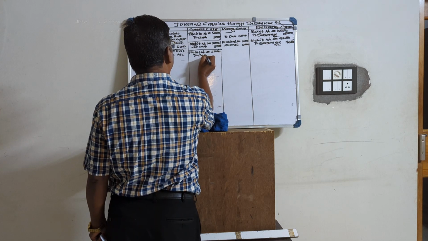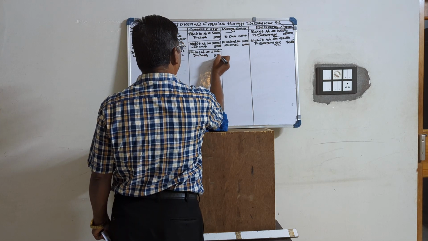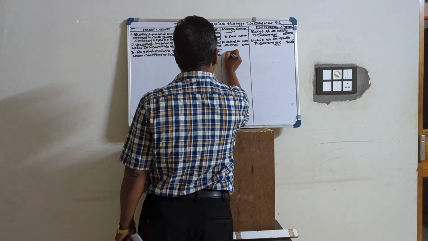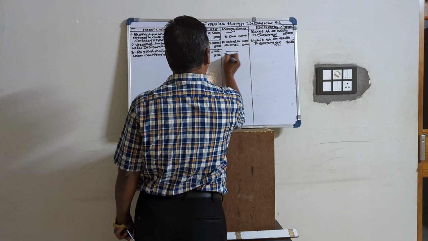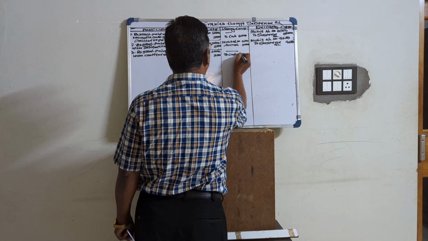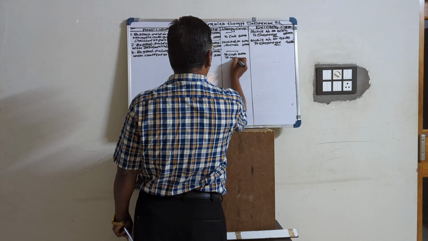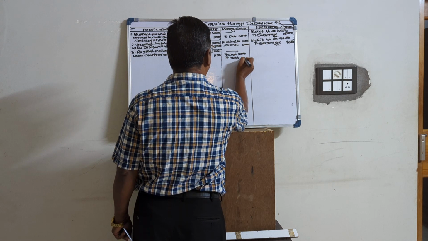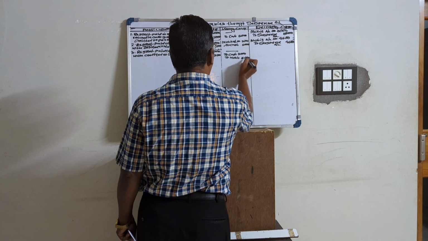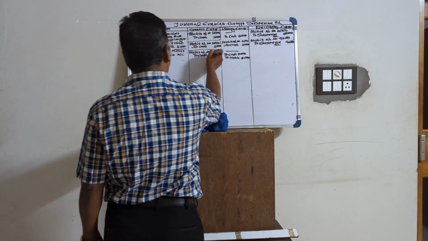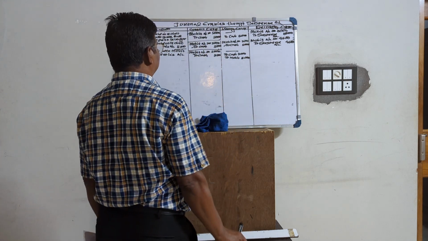This is the correct entry. But wrongly, both are credited. Mohit is credited, cash is credited. So nothing is debited. So cash is credited to Mohit. So Mohit will be debited with double the amount, because 5,000 for cancellation and another 5,000 for the correct entry.